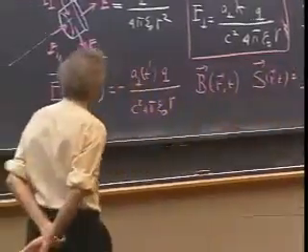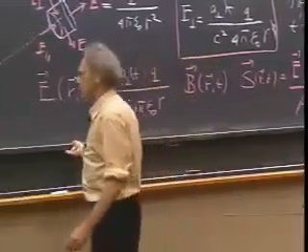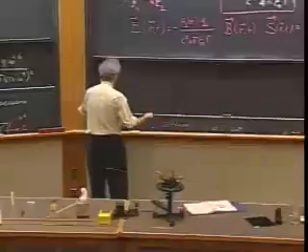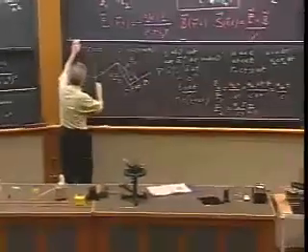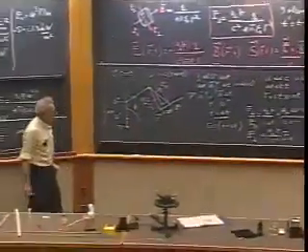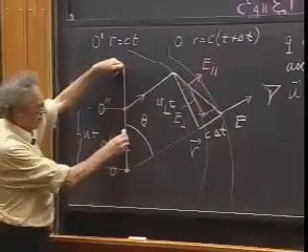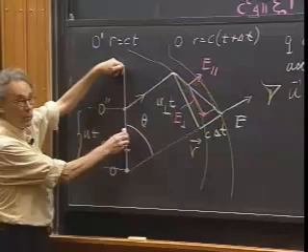A perpendicular is different for different directions. If I call this angle theta, then A perpendicular is 0 if I am looking down here, because then A is towards me, there is no perpendicular component.